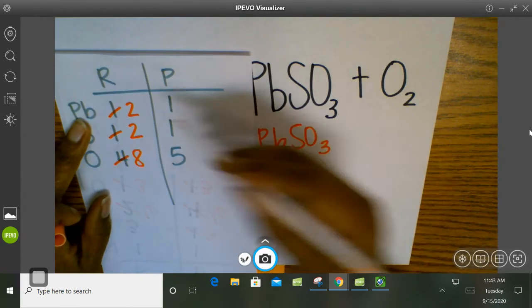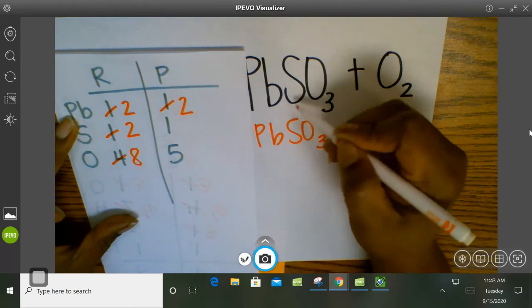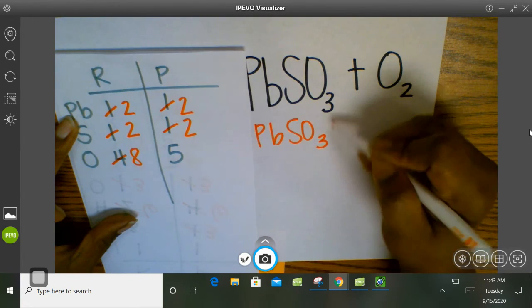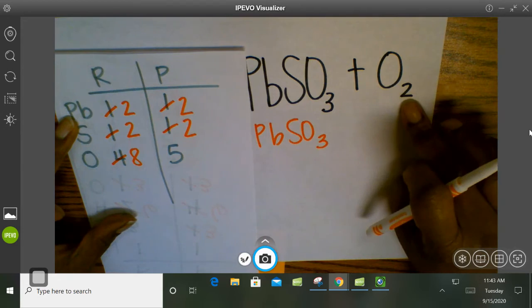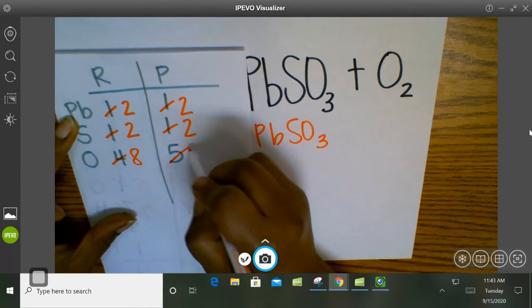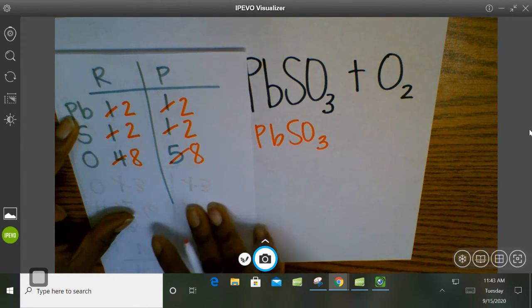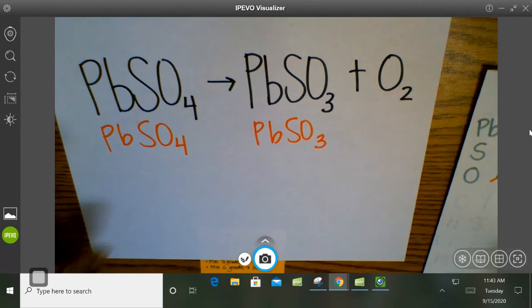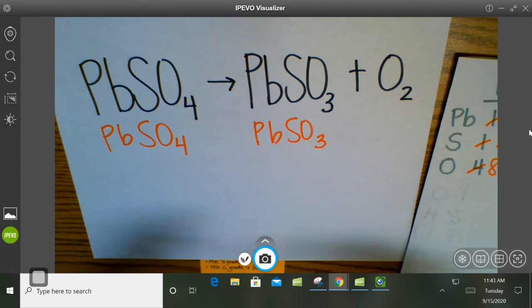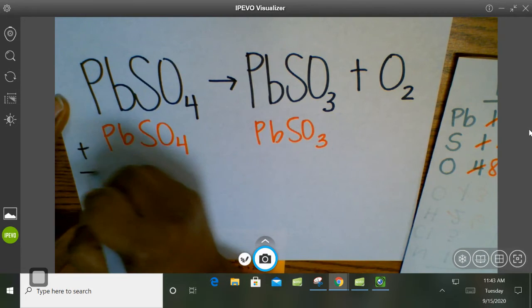2 Pb's, 2 S's, 3 plus 3, which is 6, plus the 2 over here, 8 O's. So now I'm like, okay, it's balanced. Let's see what my coefficients will be.